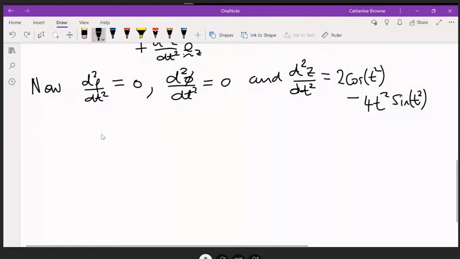Okay, so now we just substitute that into our formula for the acceleration vector.